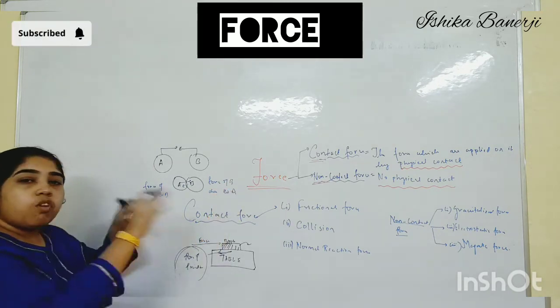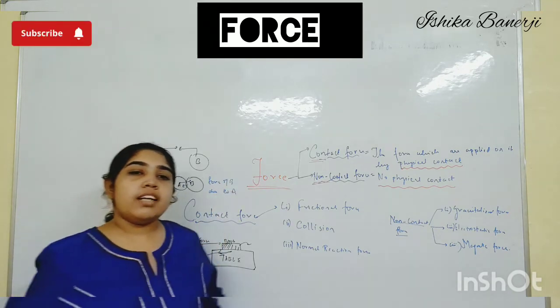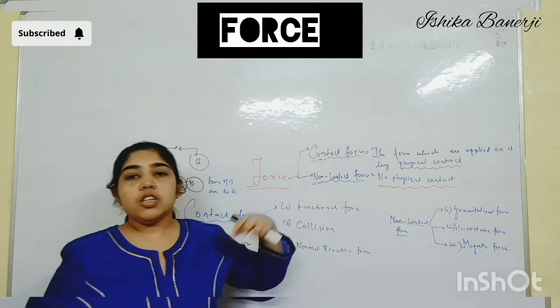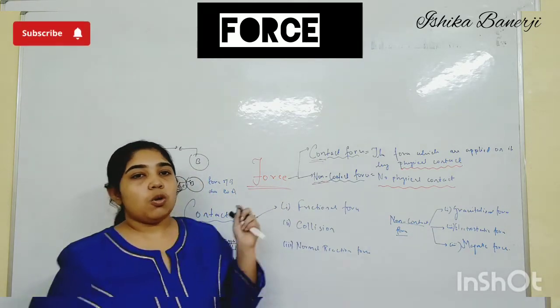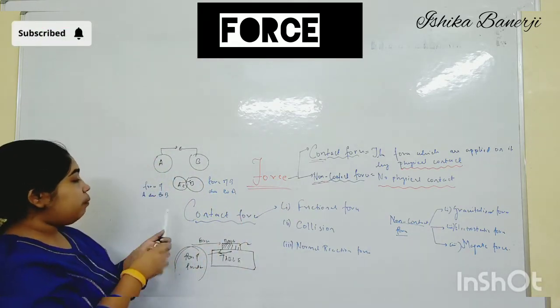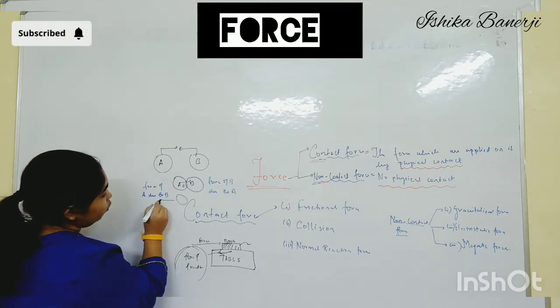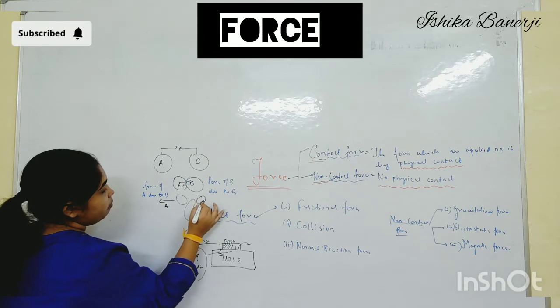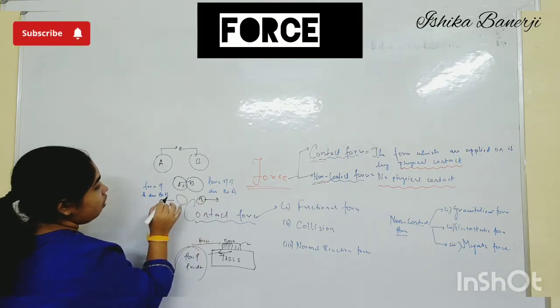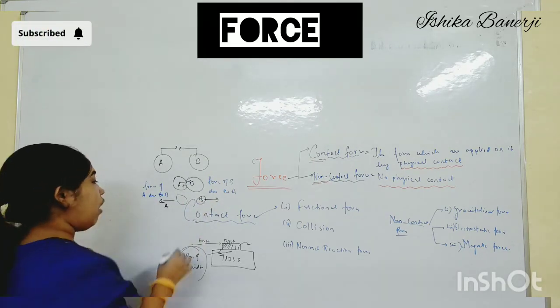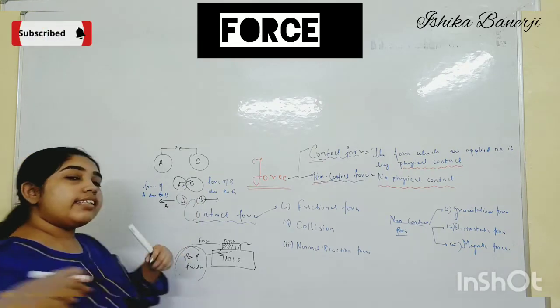Now they have fought. Now they have both decided, you go. A is saying you go, B is saying you go. So what will happen now? A says that no, I will be moving in this direction. B says that no, I will be moving in this direction.